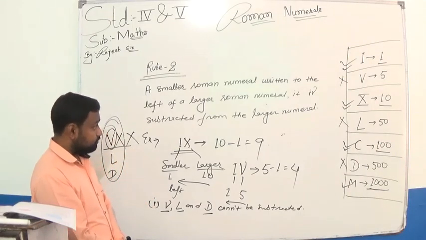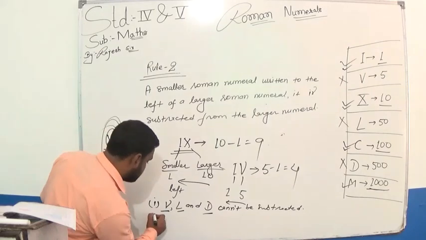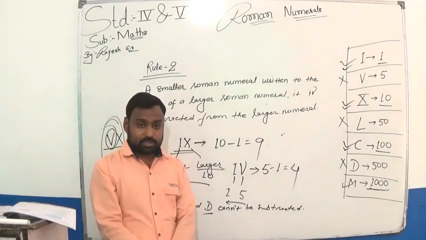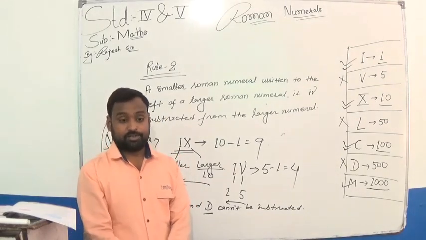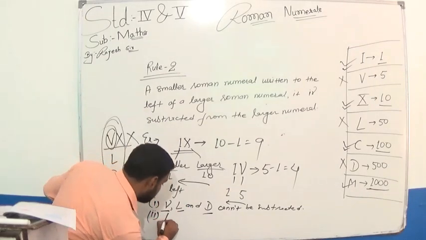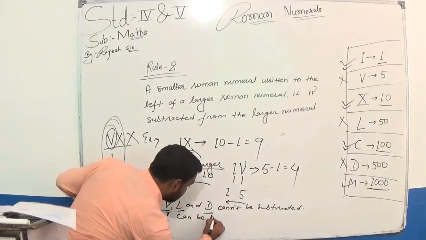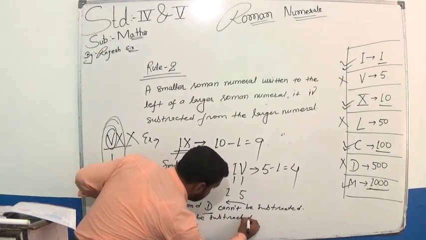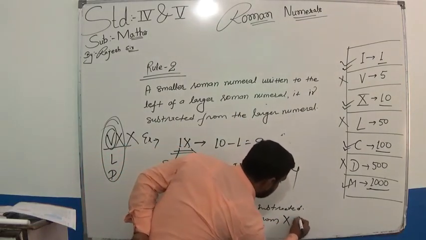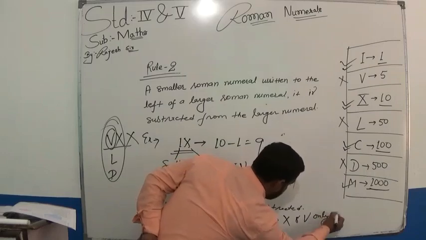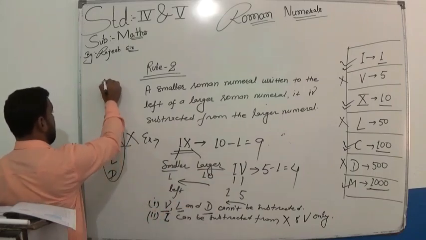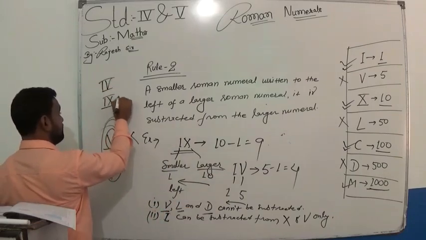Now you have to keep in mind number 2. That is, I can be subtracted from V and X only. We can write only IV, IX.